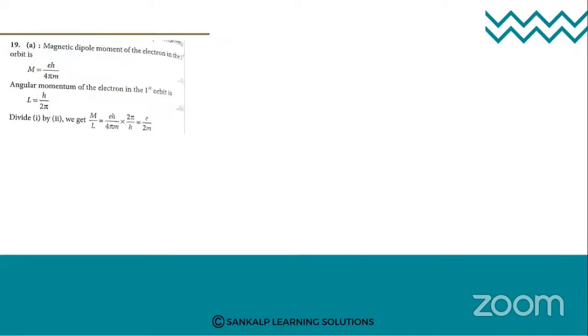See, the magnetic dipole moment for the electron is given as M is equal to eh upon 4 pi m. And the angular momentum of the electron in the first orbit is L is equal to h upon 2 pi. So divide the two, and you can see it will be e divided by 2m, e by 2m.